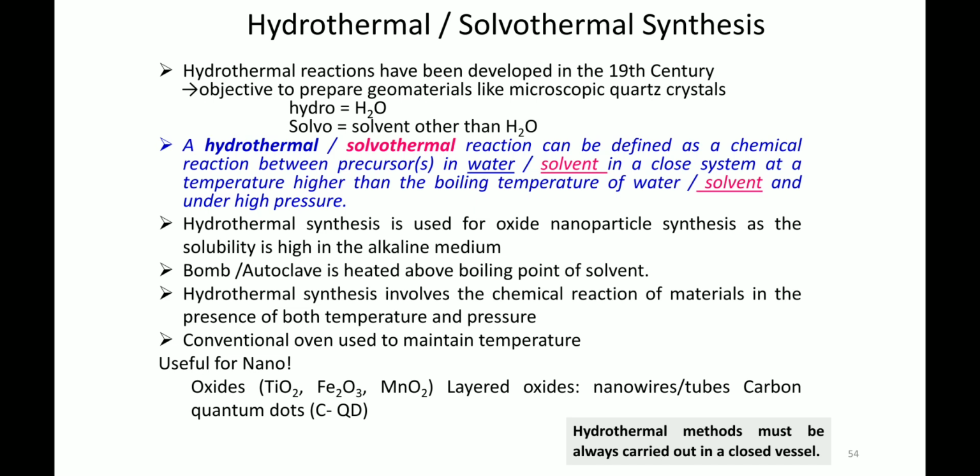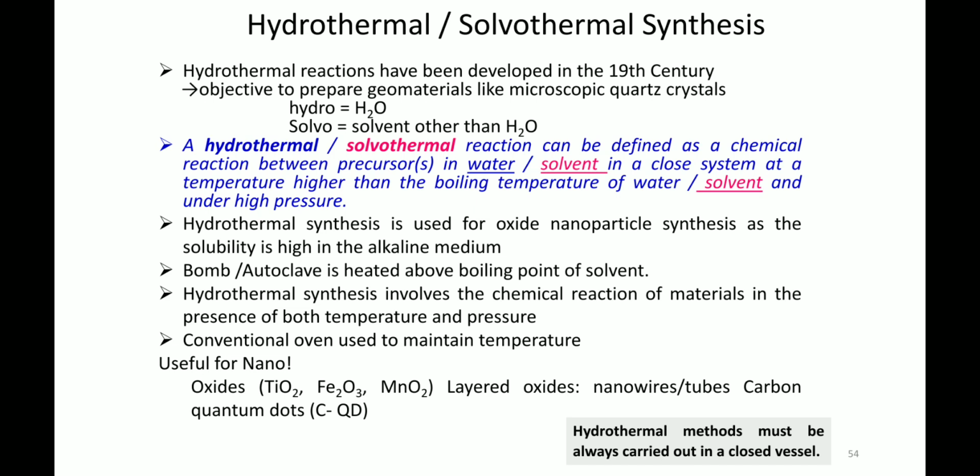Hydrothermal synthesis is used for oxide nanoparticle synthesis as the stability is high in the alkaline medium. If you take the family of materials, there are different types of materials like metal oxides.